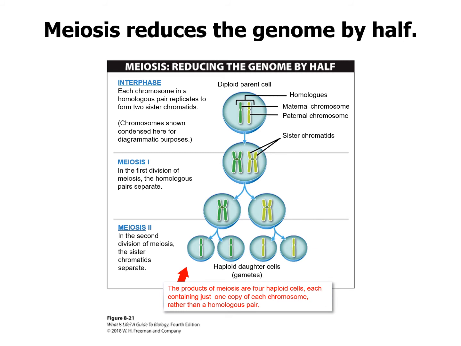This is the grandparents, if you will. So if we have Mr. and Mrs. Smith, this is how they are going to produce the sex cells, an egg and a sperm, to create their offspring. So let's say we're looking at this diploid parent cell that is from Mr. Smith.